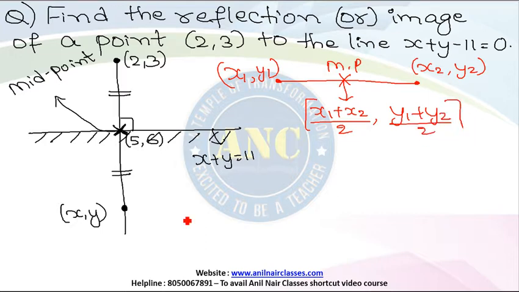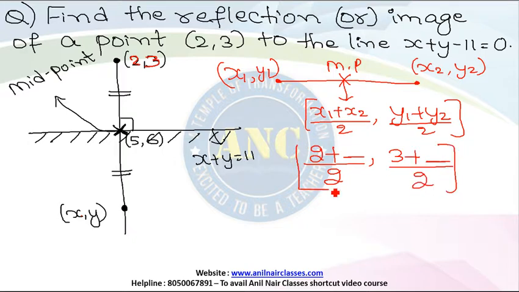Now the first coordinate, x1 value is 2, x2 value is x, so it is 2 plus something divided by 2 comma y1 value is 3 plus y2 value, which I don't know, also something divided by 2. This should give me the midpoint, which should be 5 comma 6.